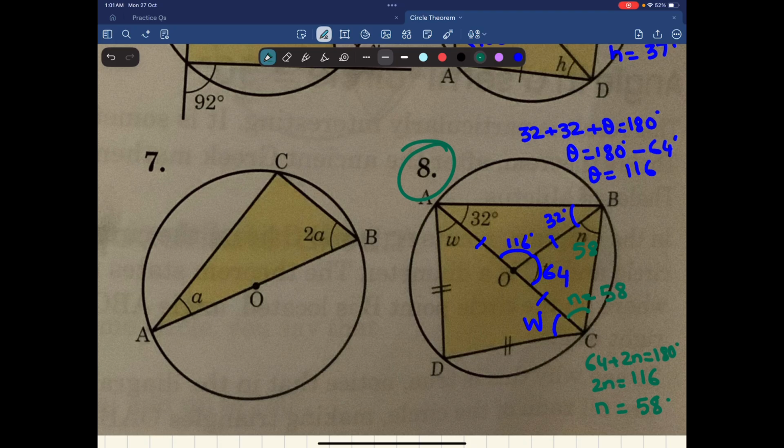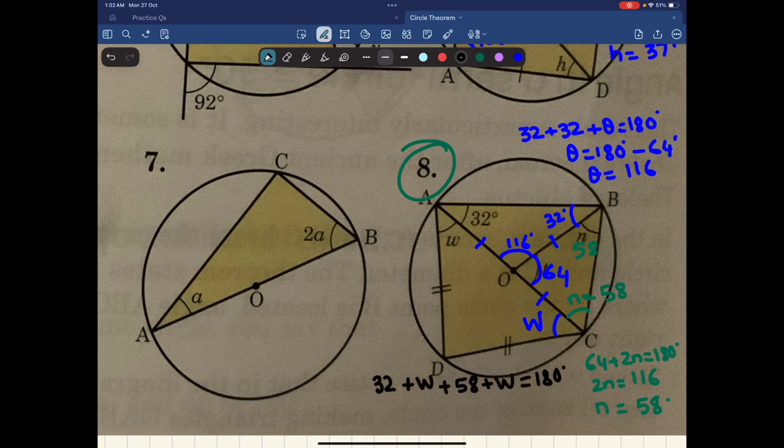Now we know that since this is a cyclic quadrilateral, the interior opposite angles must add up to 180. So 32 plus w is this angle and 58 plus w is this angle. They should add up to 180. Let's write this down. So 32 plus w plus 58 plus w should be equal to 180.